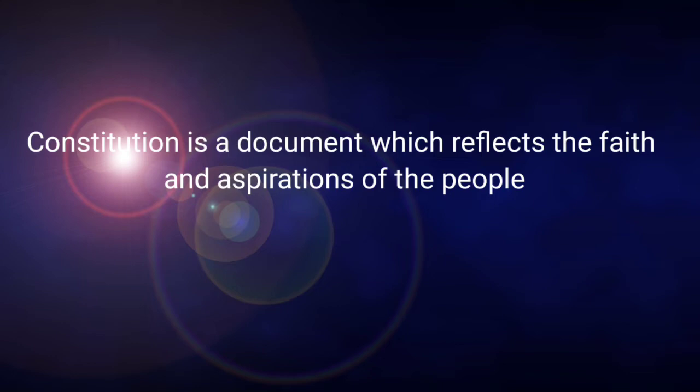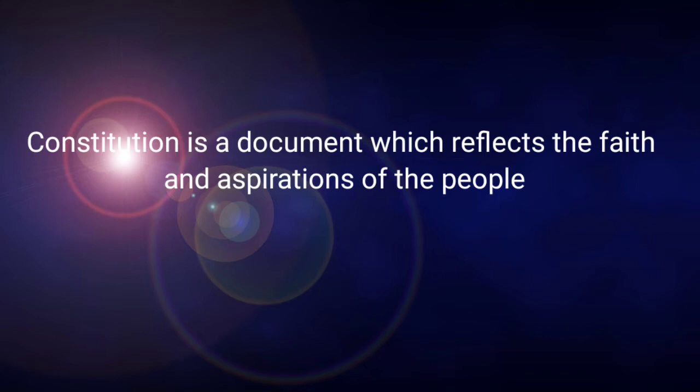Their only motto was to maximize their wealth and to have a firm grip on this country, but they never put any efforts to fulfill the aspirations of this country. But after we got independence, our constitutional makers felt that it was time to implement the aspirations of the people and the faith which they put in the Constitution.